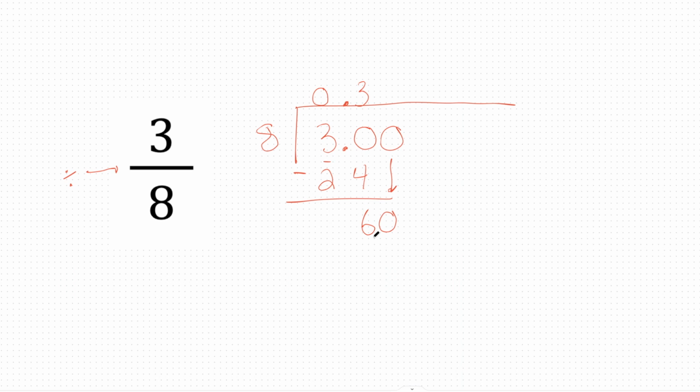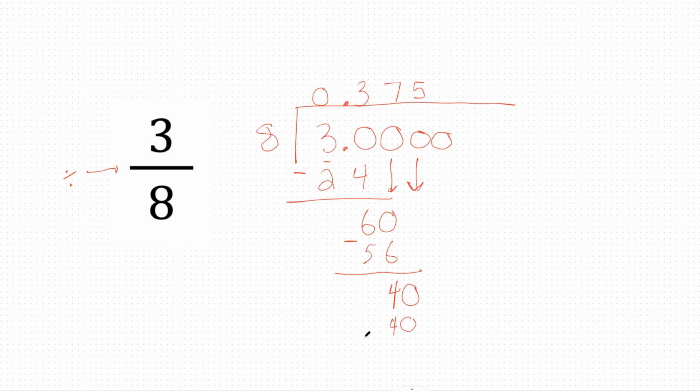Yes, because I know 8 times 7 is 56. So 56 goes here, and you subtract: 60 take away 56 is 4. You're allowed to add as many zeros as you want; you really have unlimited zeros. So I bring down the next 0. Now this makes it 40, and 8 goes into 40 5 times. 5 times 8 is 40.